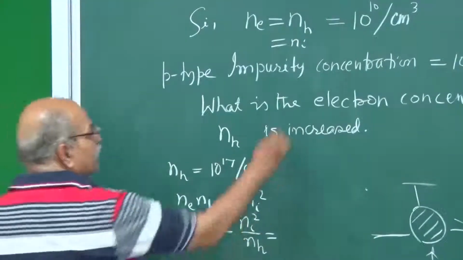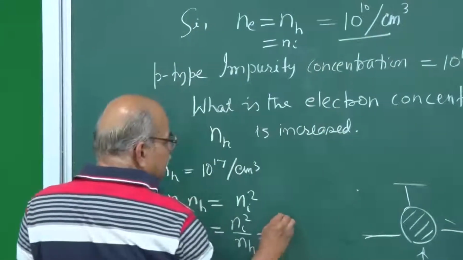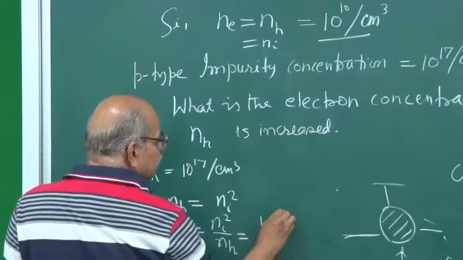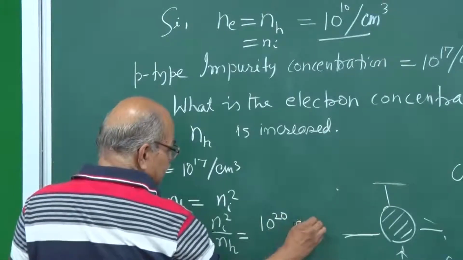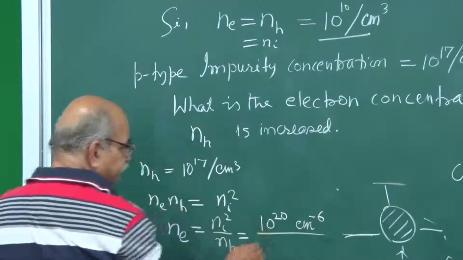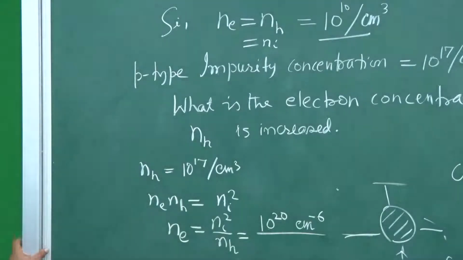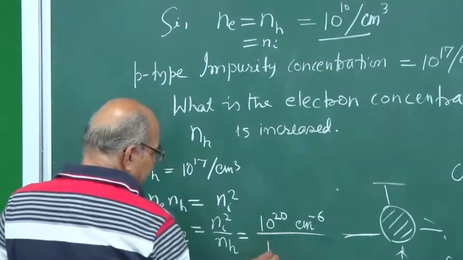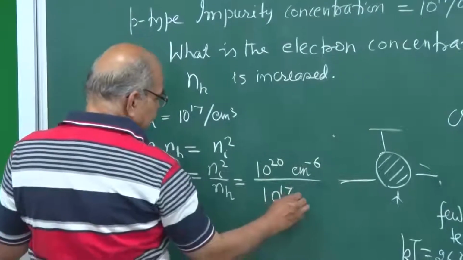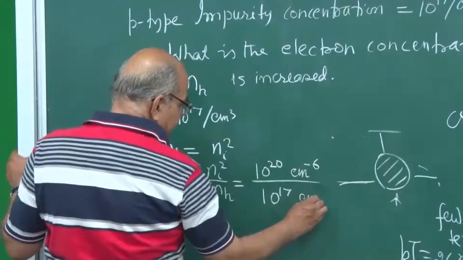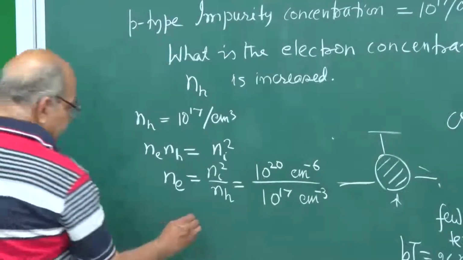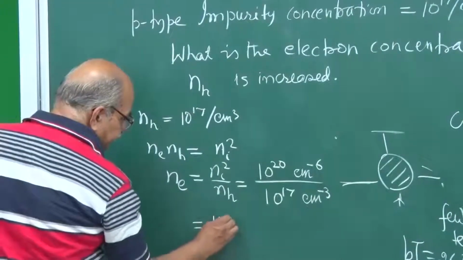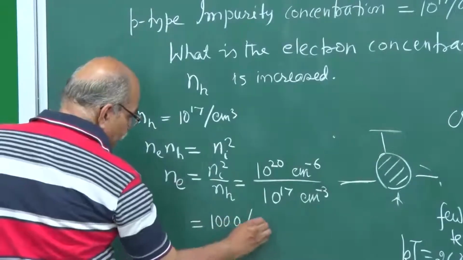Ni square is 10 to the power 10 into 10 to the power 10, that is 10 to the power 20 centimeter power minus 6, and Nh is 10 power 17 per centimeter cube, which gives just 1000 per centimeter cube.